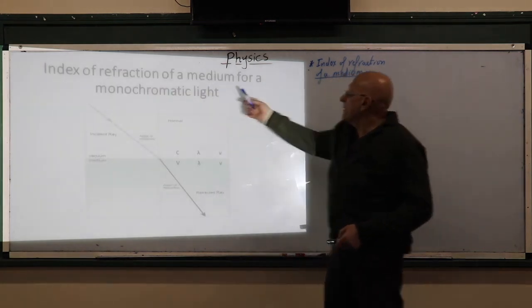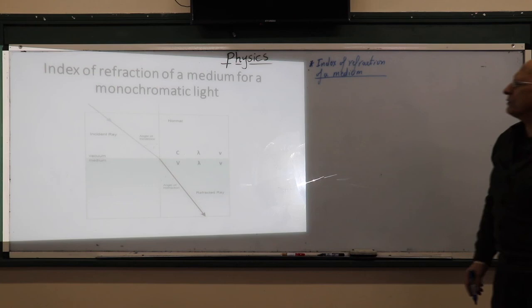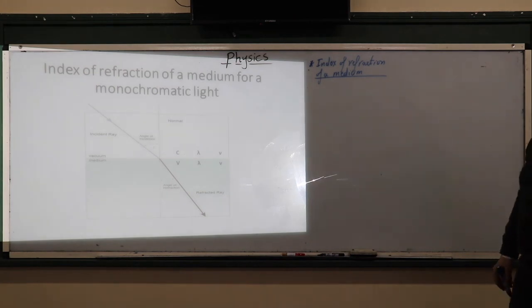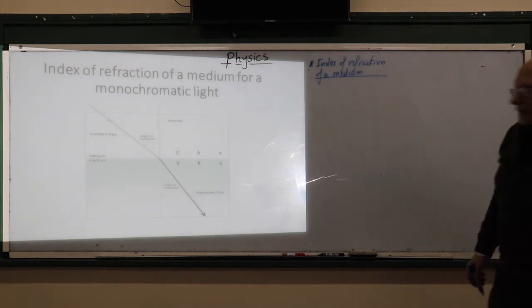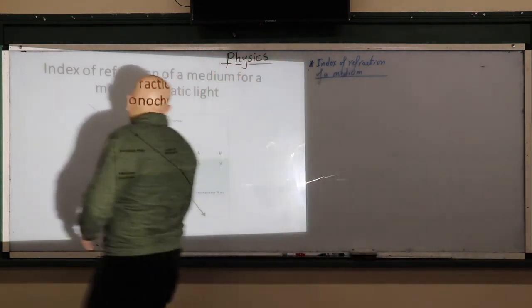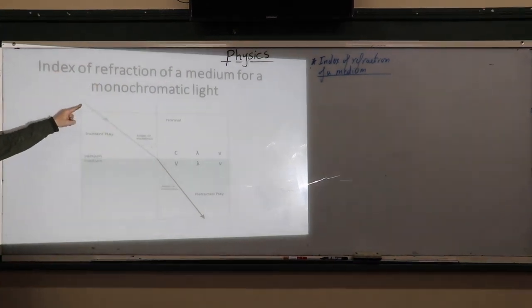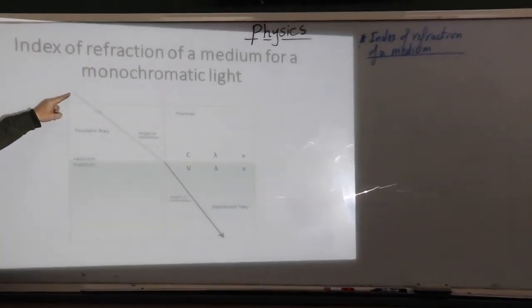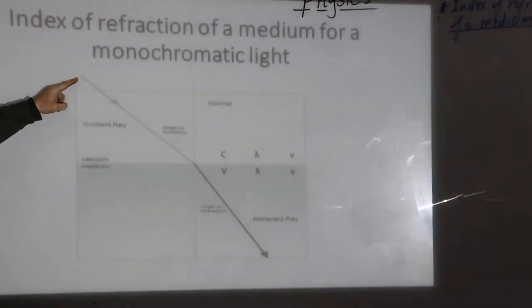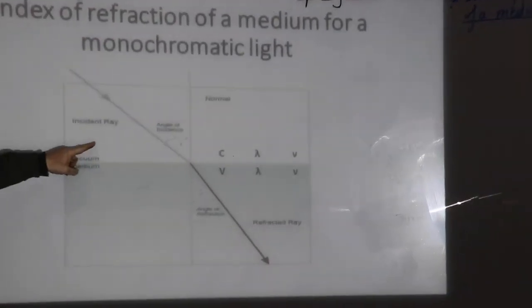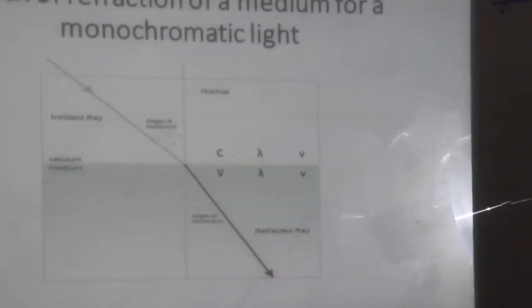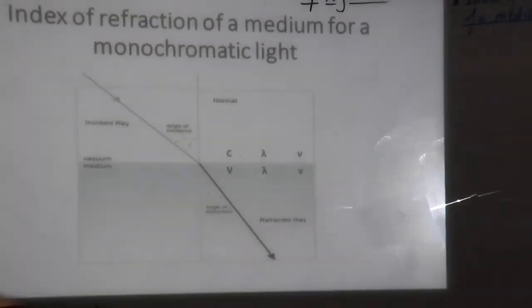Now, the index of refraction of a medium for a monochromatic light. Look at this figure. I have a monochromatic light, meaning light with only one lambda, passing from vacuum to a medium.